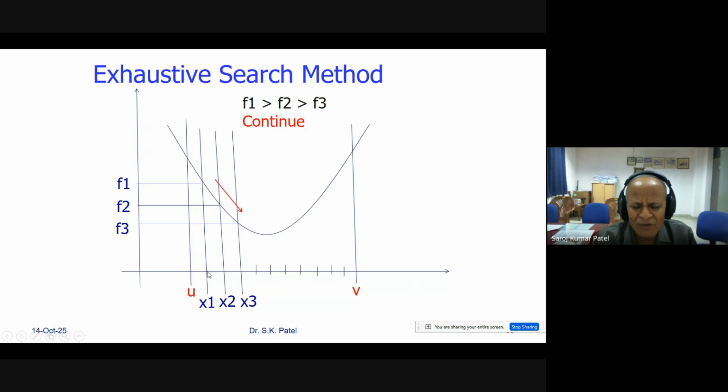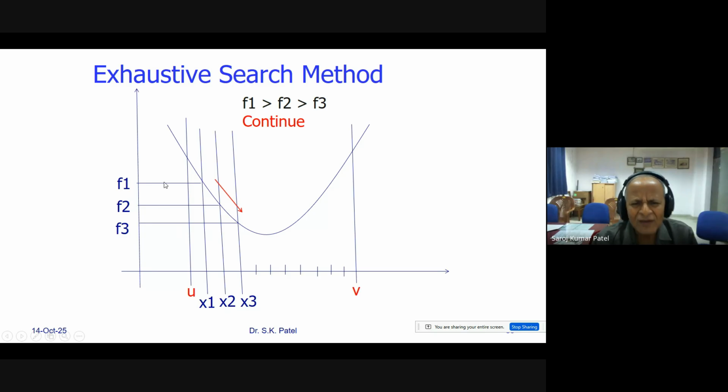Let's take 3 consecutive points, x1, x2 and x3. At x1, we find the value of f of x. Let's say it is f of x1, that is f1. From here to here, the height is f1. At x equal to x2, we find f of x, that is f2. So from here to here is f2. And at x3, the value of f of x is f3. Now let us compare f1, f2, f3.